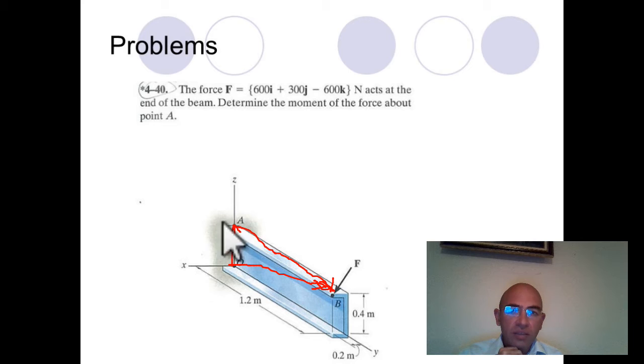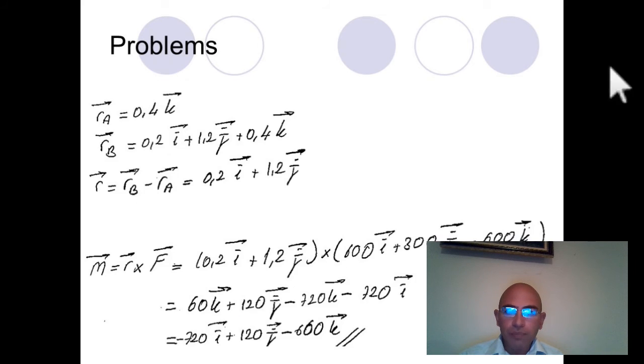We have the x-axis, the z-axis is vertical, and the y-axis is along the beam. We have a U-beam here. The length of the beam is 1.2 meters, the height is 0.4 meters, and the width of the beam is 0.2 meters as well. So we will first write the position vectors of points A and B, then subtract the position vector of A from B. This is what we are going to do.